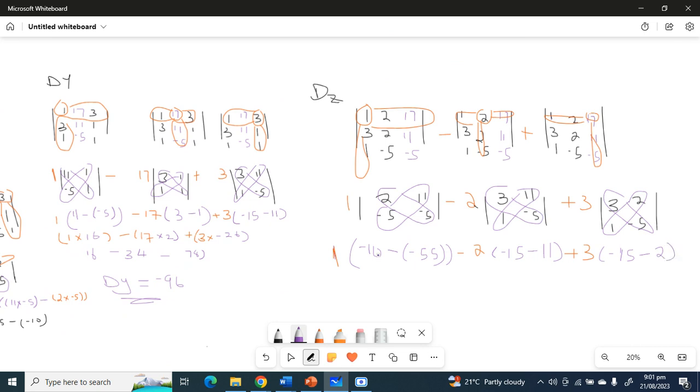So negative 10 minus negative 55, that's the same as negative 10 plus 55, we get 45.